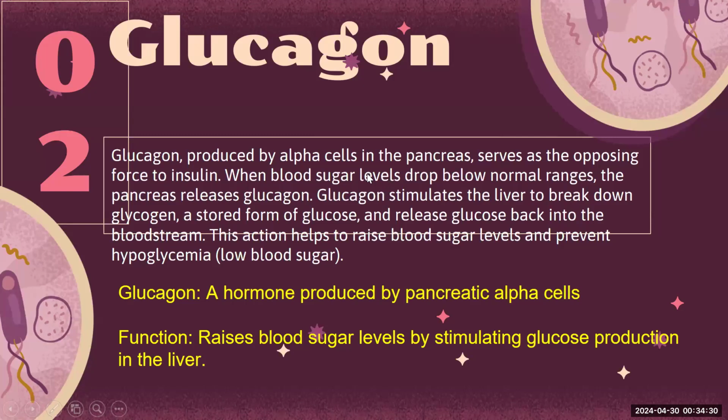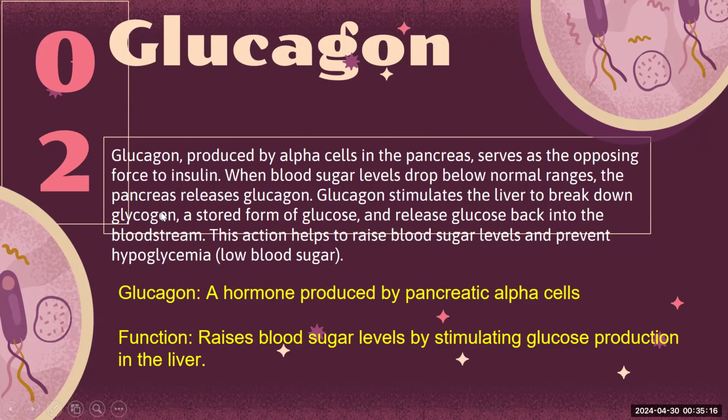What happens is that the blood glucose decreases due to staying for a long time, 6 or maybe 8 hours, without any food. So the glucose level becomes lower or drops below the normal range. So the pancreas sends a signal to the liver and stimulates it, sending an alarm or a message to the liver and the muscle.